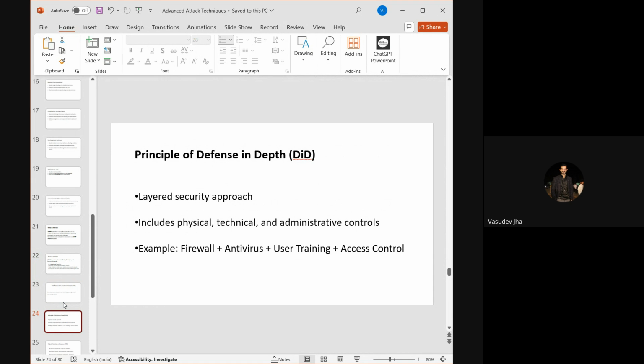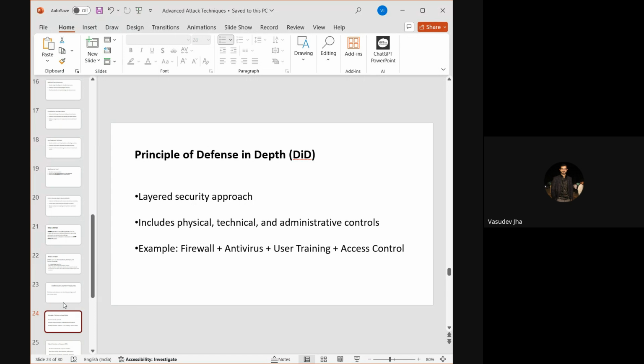The physical control basically means all the physical entry and exit points for information, for example your servers or your server room. There must be physical control. Maybe you have a robust security system, but someone just came and shut down everything or directly created a channel. So you need physical control there.